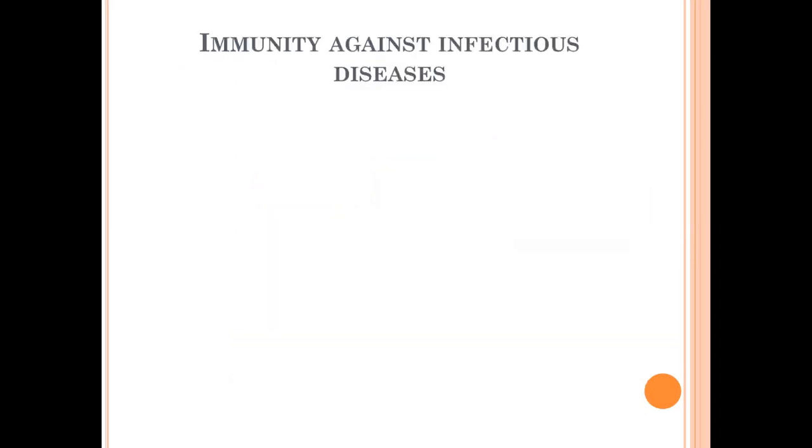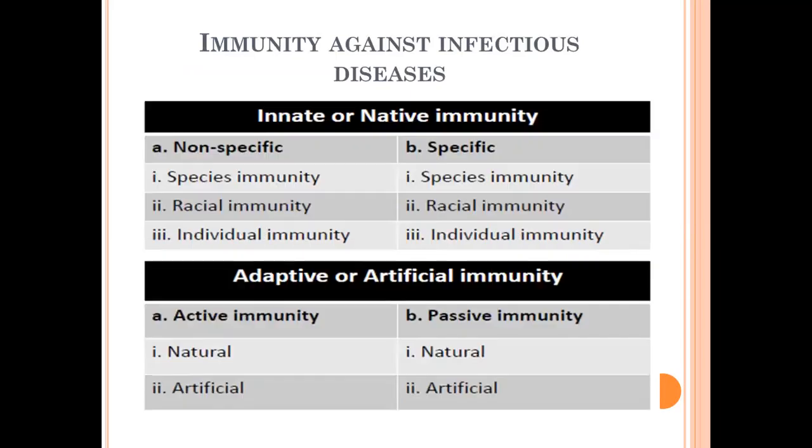Now this classification is very important, as in the exam, the definition and the classification of immunity is very commonly asked as an SAQ, as a viva question, and as a part of a long answer question, which is a very favorite question. So define immunity and give the classification of immunity is always a part of a long answer question.